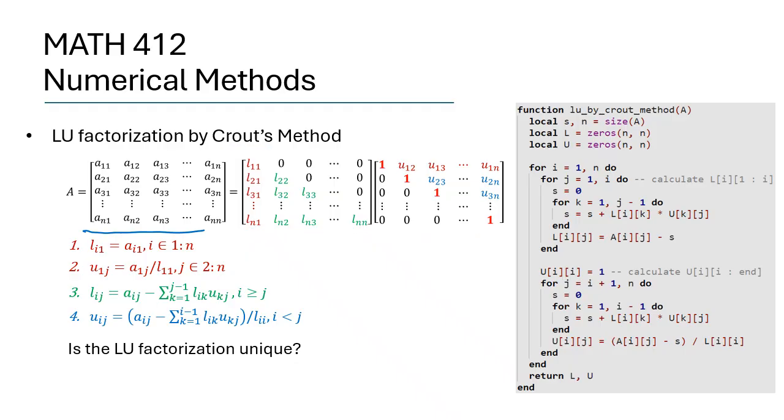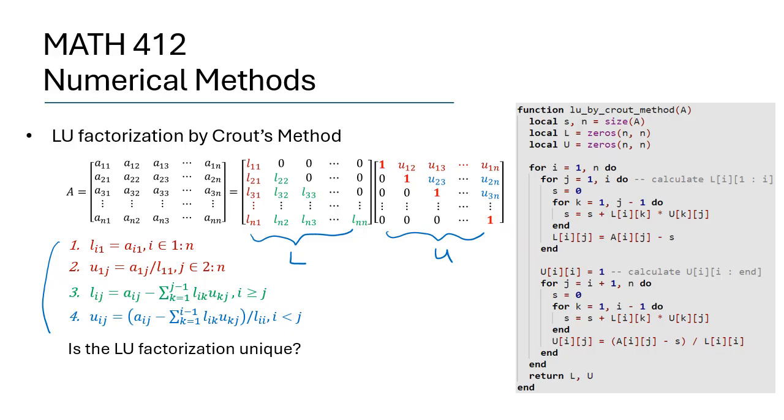This is L, this is U, with U having all entries on the main diagonal assumed to be 1 each. And you can easily figure out the rules like this.